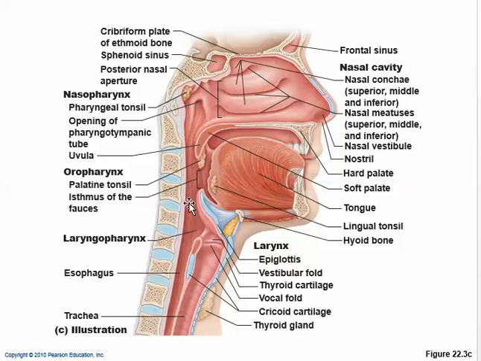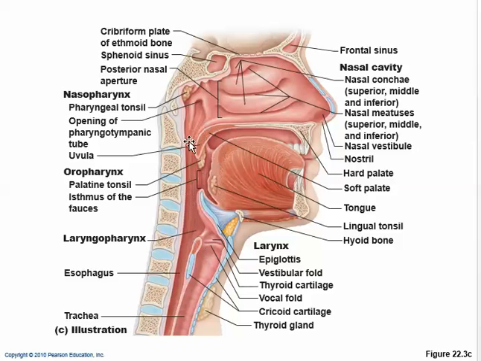The air continues down into this area here, which is called the laryngopharynx. It's the pharynx that leads to the larynx. And you can see that right here, the larynx is the passageway, the switch almost, for the air going down the trachea or food going down the esophagus.